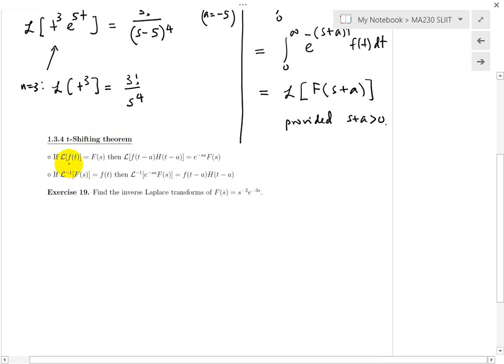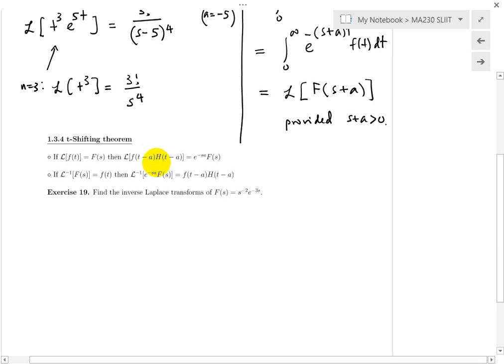Now the t-shifting theorem I have written in both ways. If the Laplace transform of little f is capital F, then if the original function was shifted by a units, let's say to the right, thinking of that as positive, then to make this rigorous I have put the Heaviside function, h of t minus a, so before a everything is 0.